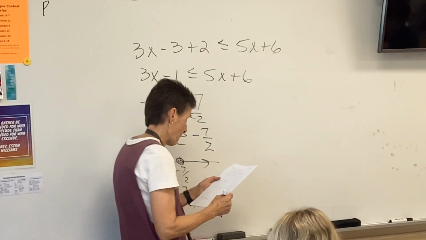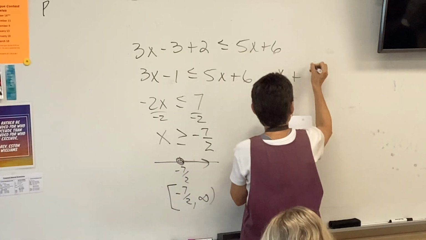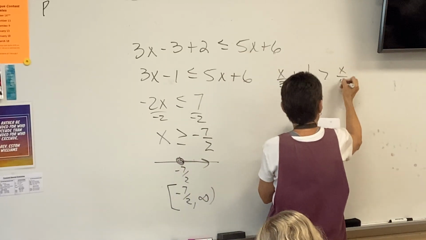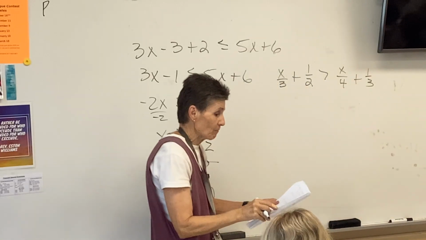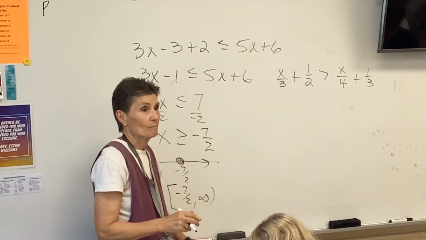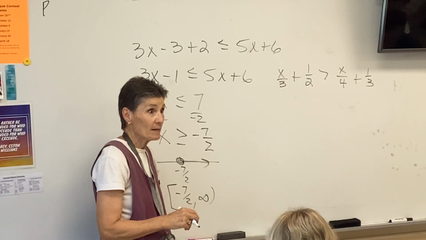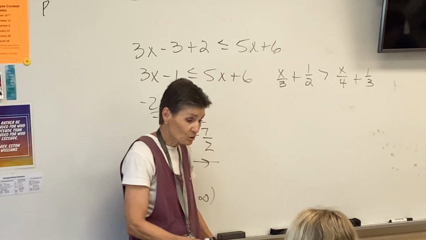All right. What's going to be your strategy for the next one? We have several options, but what would be your favorite? Common denominator? So what would the common denominator be? 12.